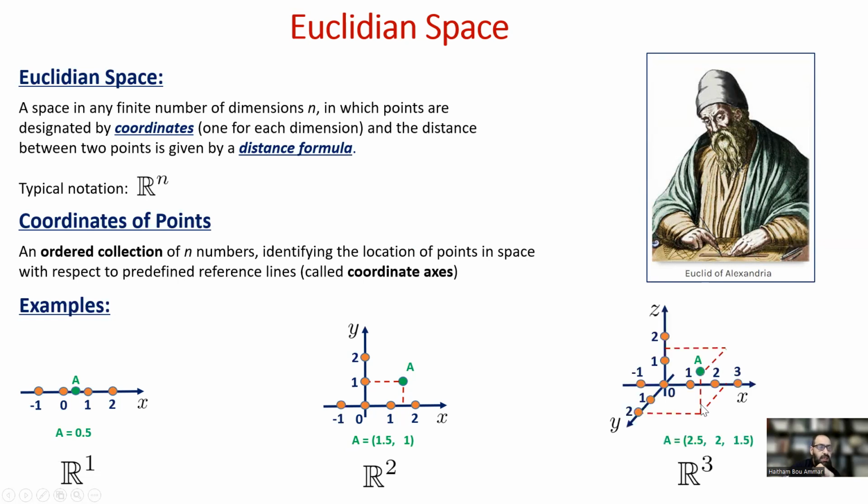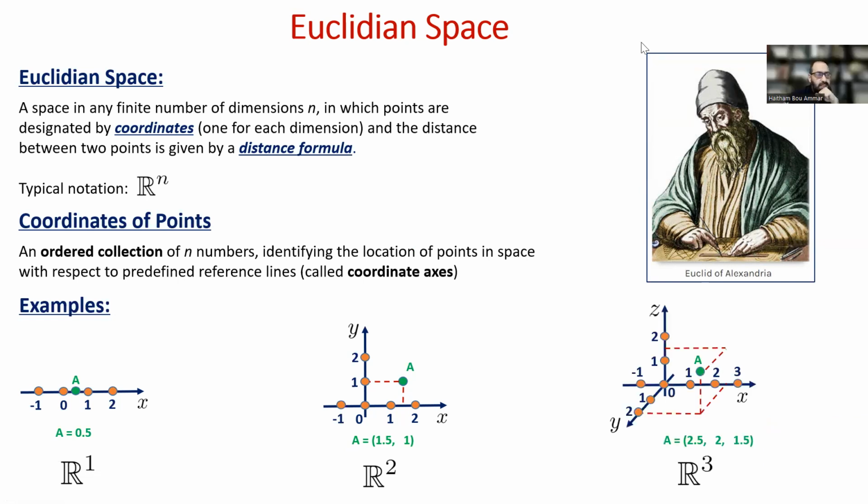And now here's an R3 Euclidean space. So here we have a Euclidean space in 3 dimensions, and to be able to describe a point in this three-dimensional space, we need 3 coordinate axes because we're in R3. So we would need the x dimension, the y dimension, and the z dimension.